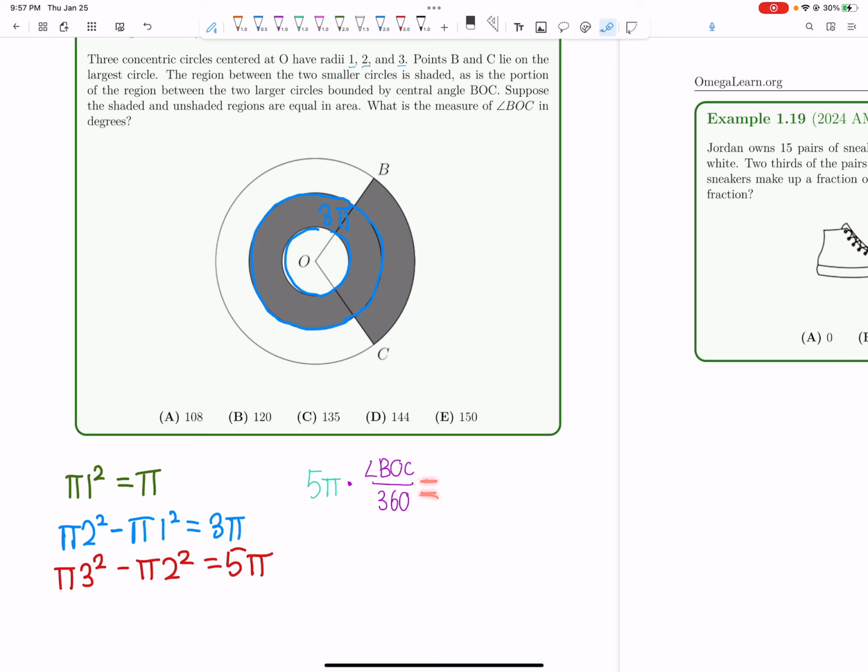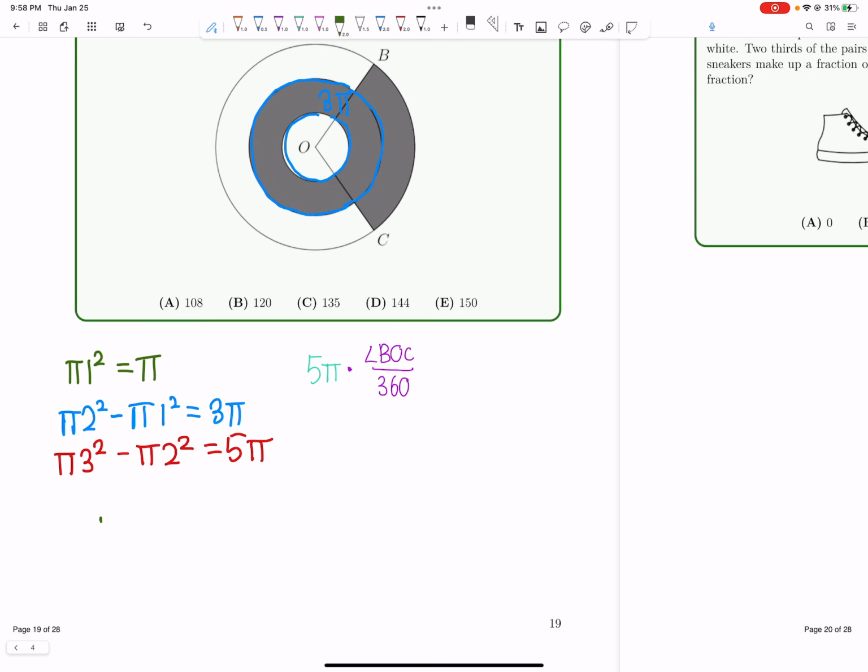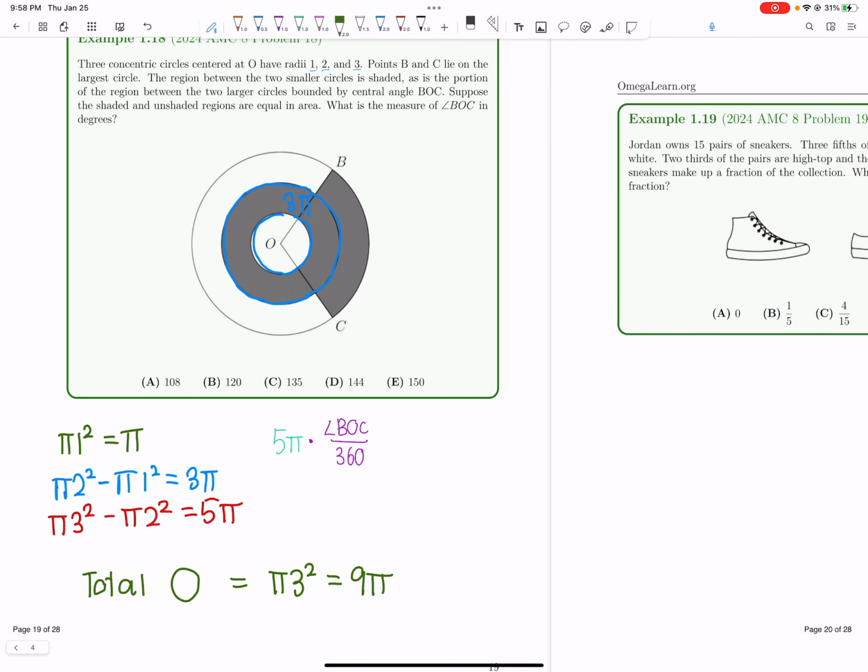But now we look back at the problem. Shaded and unshaded regions are equal in area. So in total, the entire circle has area equal to 9 pi, right? Pi times 3 squared, which is 9 pi. So if we want the shaded regions to make up half of that, it has to make up 4.5 pi.